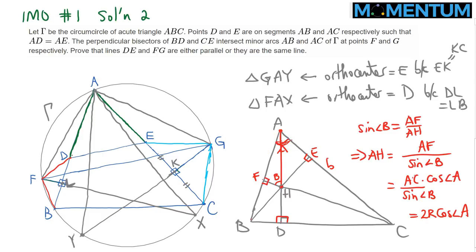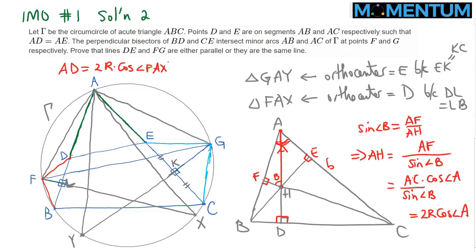So for that reason, the length AD, let's start with AD first. D is the orthocenter of triangle AFX. So as such, it is 2 times R. AFX has the same circumradius as ABC, right? So 2R times cosine of angle FAX.